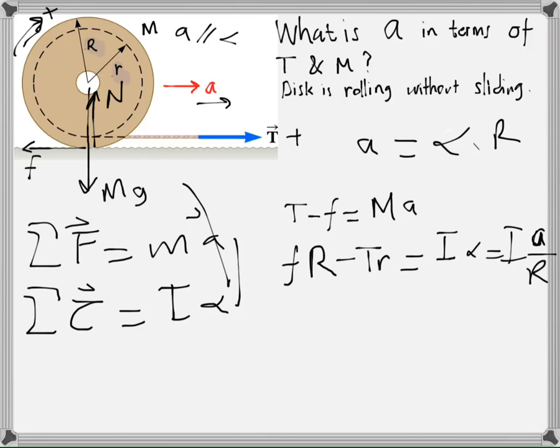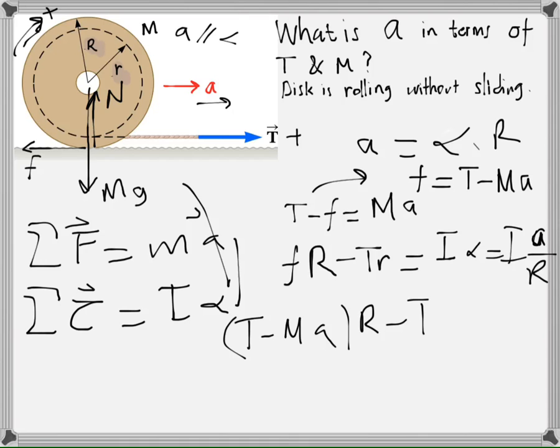And you might express in the first equation F, the friction, in terms of T and M times A. So T minus M times A, times capital R, minus T r, equal to I A divided by R. I want to express A in terms of T and mass M, and also the moment of inertia.